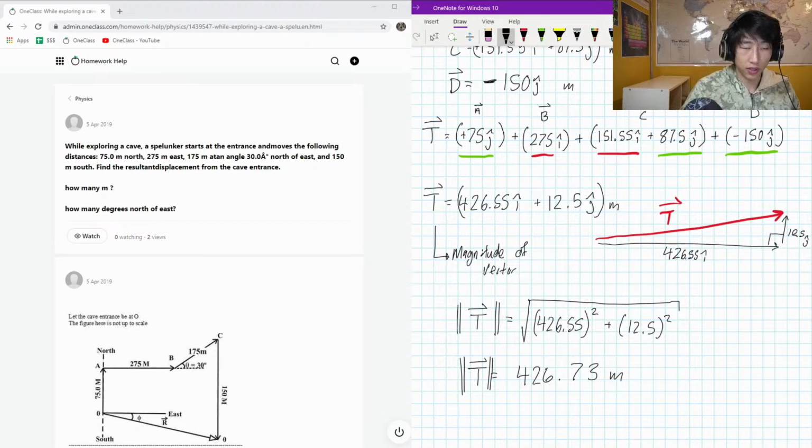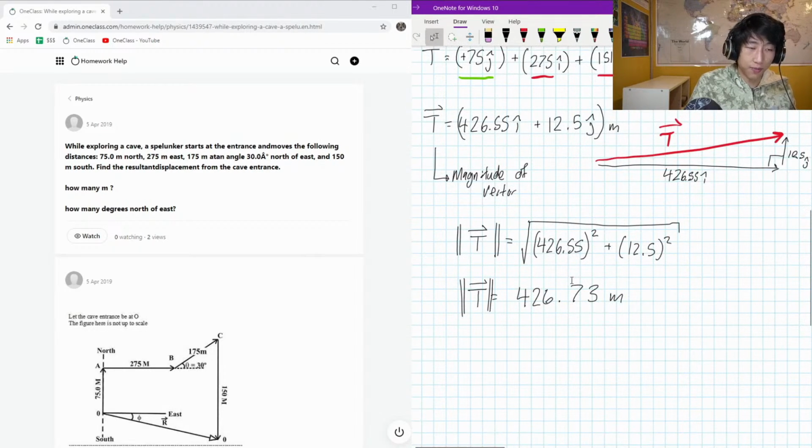Because the horizontal, the east, is so much larger than the north-south direction, we would expect that our t is going to be very, very close to our i, just because i is so much larger than j. So that makes reasonable sense. Okay, so this is our total meters away.